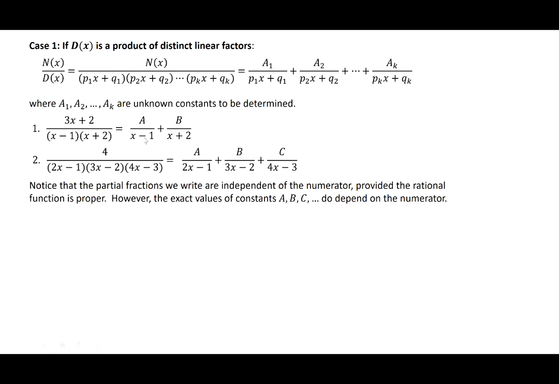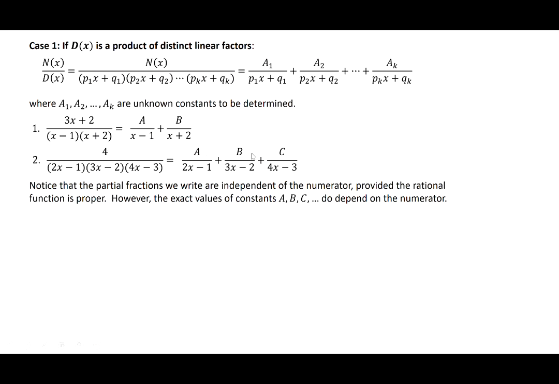Go back to the first problem. What if the top were to be 4x plus 3 as opposed to 3x plus 2? What would you write here? It doesn't matter. You still say a over x minus 1 plus b over x plus 2. Get the idea? What if in the second problem the numerator was 4x squared plus 3x plus 7?